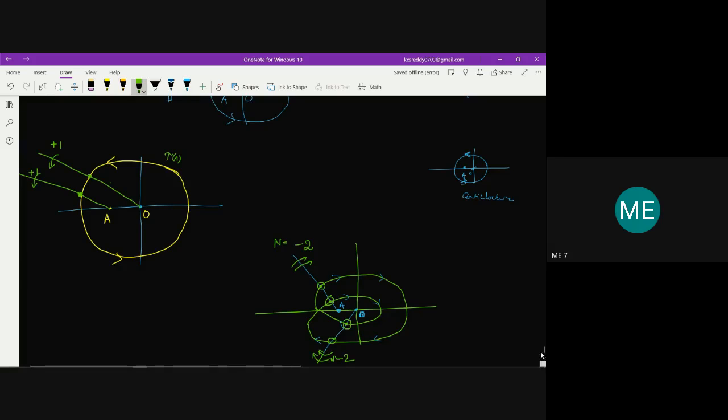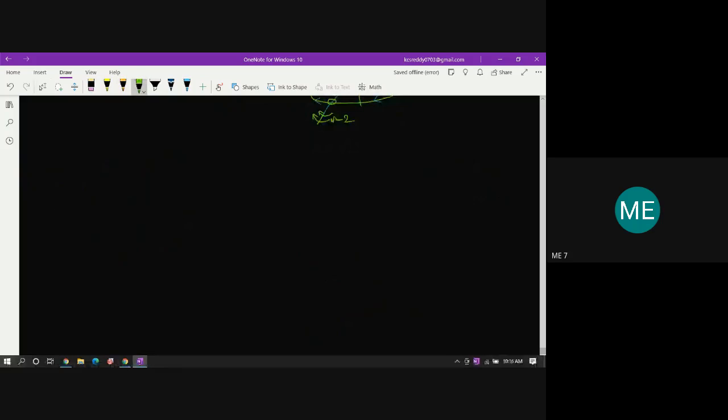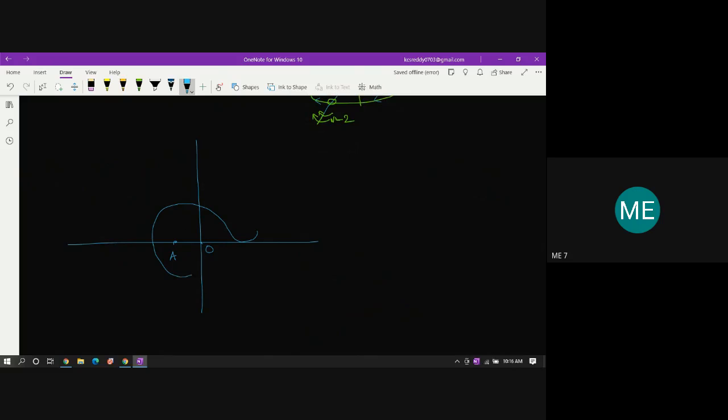And one more path, if it is represented, say for example, this is O and this is A, and I have a path where it touches like this and goes like this, and it goes on. This is the closed path which I have for plotting.